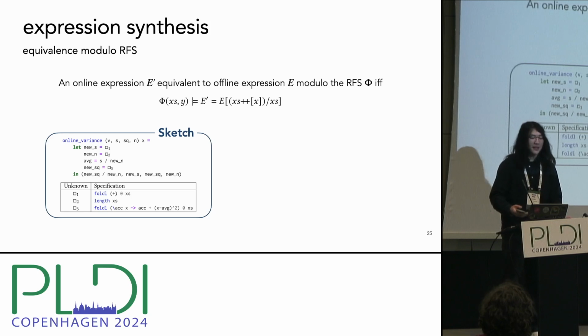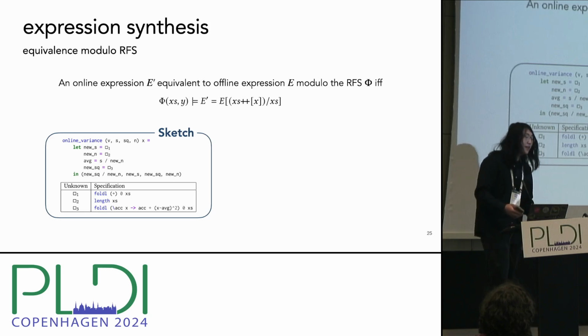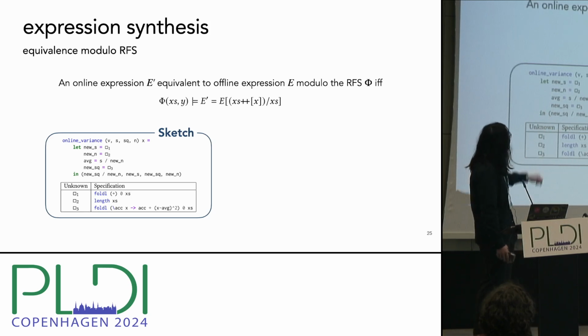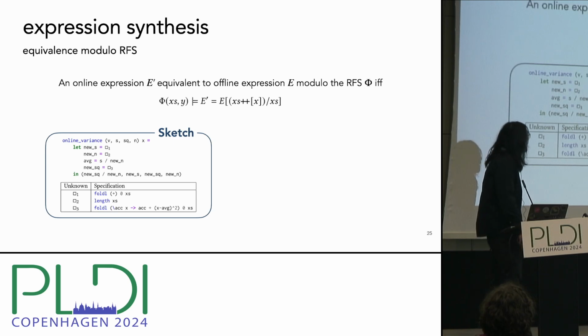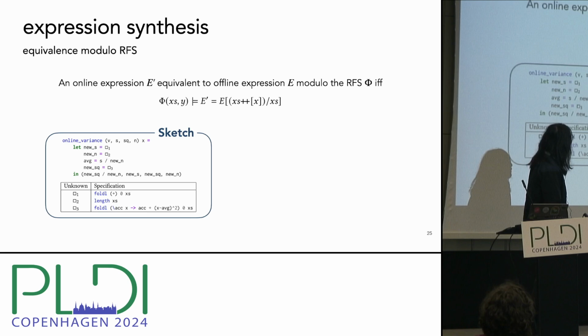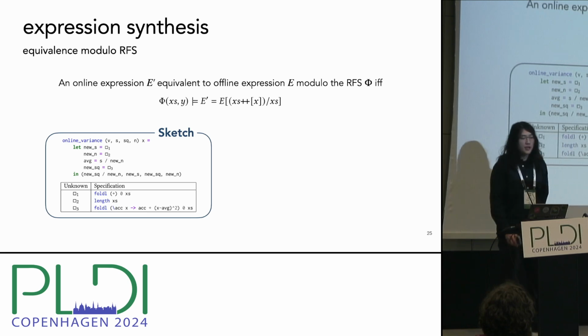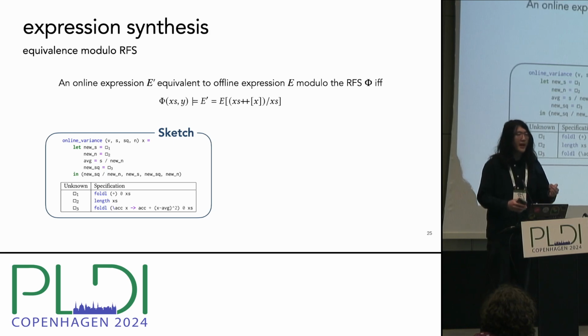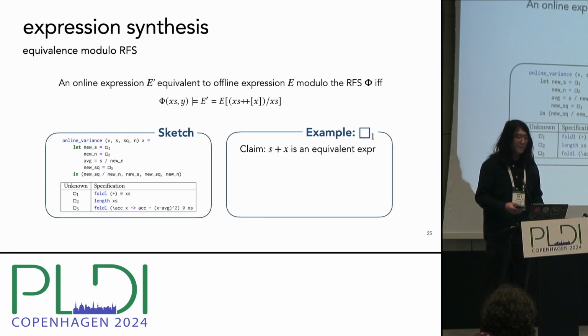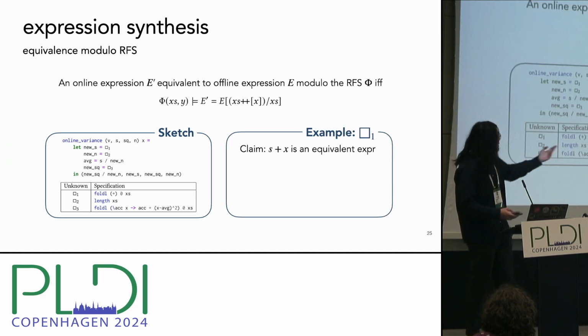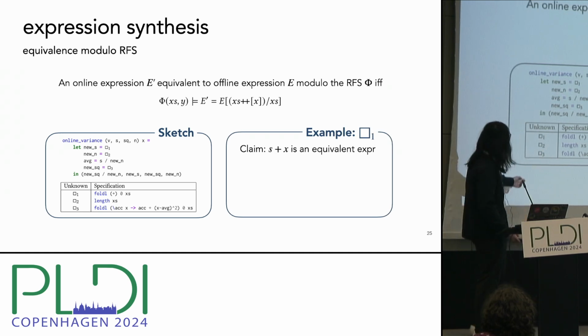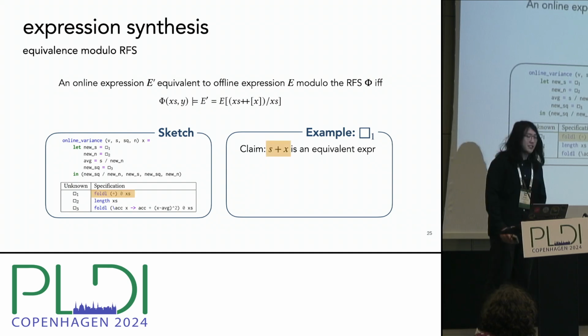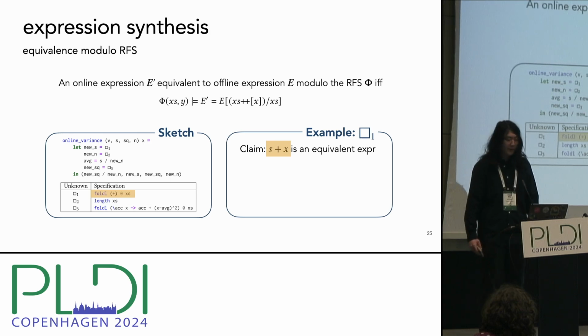It basically means that under the assumption of the relational spec phi, we can have the online expression E prime equivalent to E when we are updating xs to be xs concat x. Here is an example. Let me show you how s plus x is equivalent to the specification for unknown box 1.